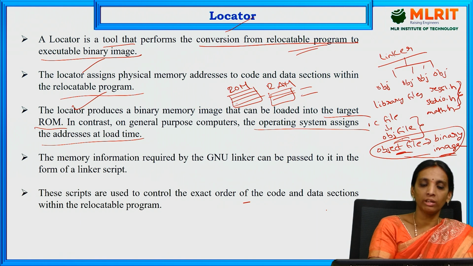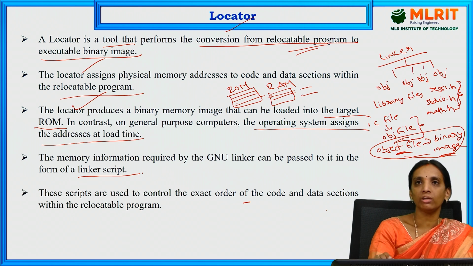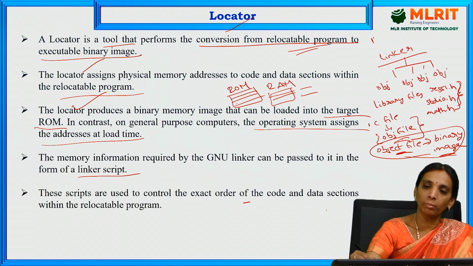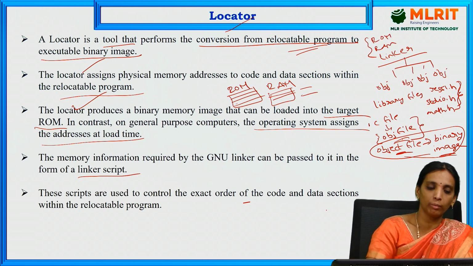The memory information required by the locator can be passed in the linker script. Whatever the memory information, that means for which object file which memory will be allocated, from which location to which location it is allocated, and whether ROM memory or RAM is allotted, all these details will be included in the script file.